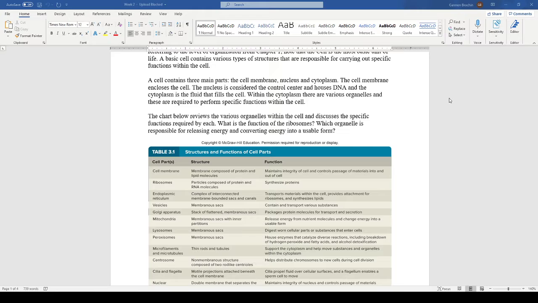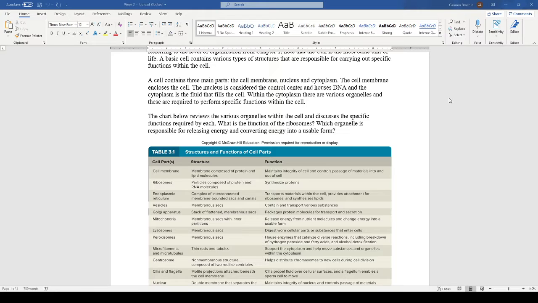Now there's prokaryotic cells, which we're not really going to discuss here, but in prokaryotic cells, we see certain bacteria and various other organisms that are not the same complexity as an animal. They don't have nucleuses, but they still have the genetic material that's housed in the nucleus. So anyway, for eukaryotic cells, they're always going to have a cell membrane, a nucleus, and cytoplasm.